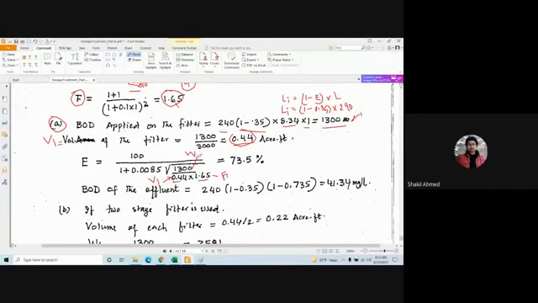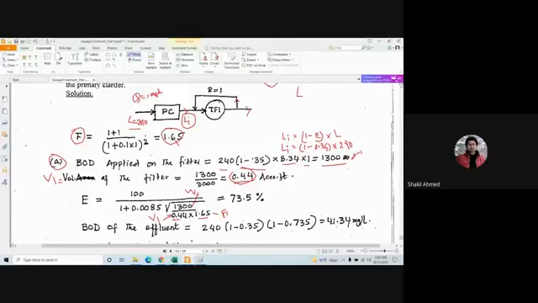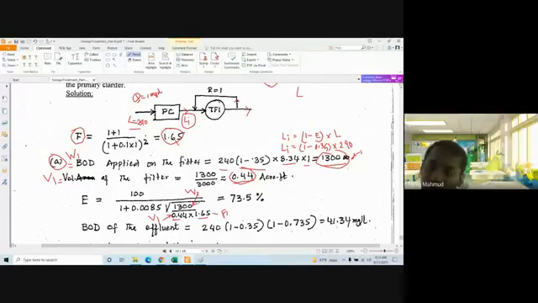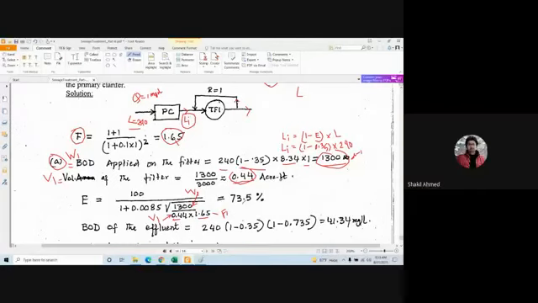And W1 is the load being applied, 1300 pound per day. Clear? The efficiency is 73.5%.